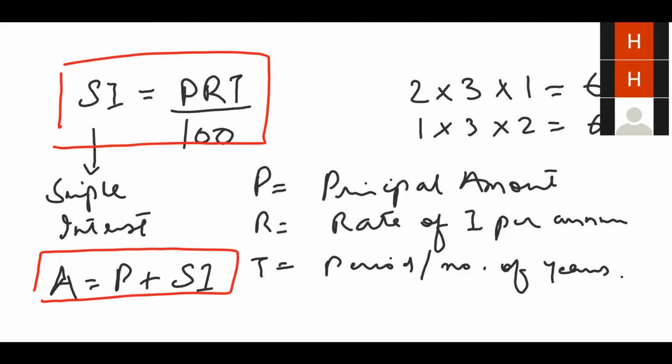However, if they ask you to find the total amount that the bank holds, then you'll use the second formula, which is A is equals to P plus simple interest, in which you'll add the principal amount again to the simple interest. Do you get that? Okay. So this was the formula for our simple interest.